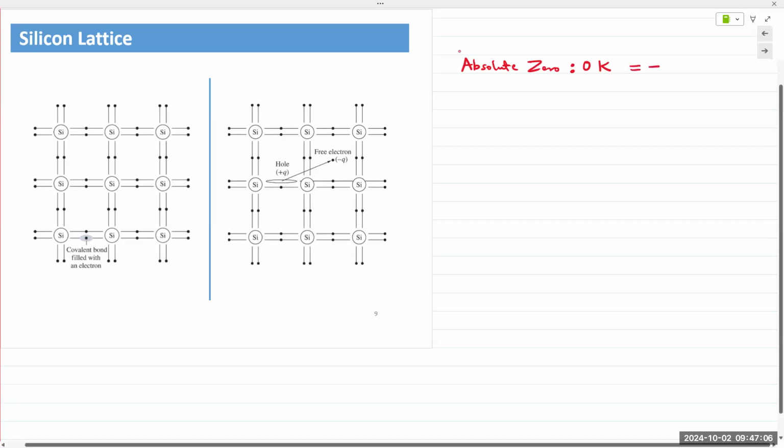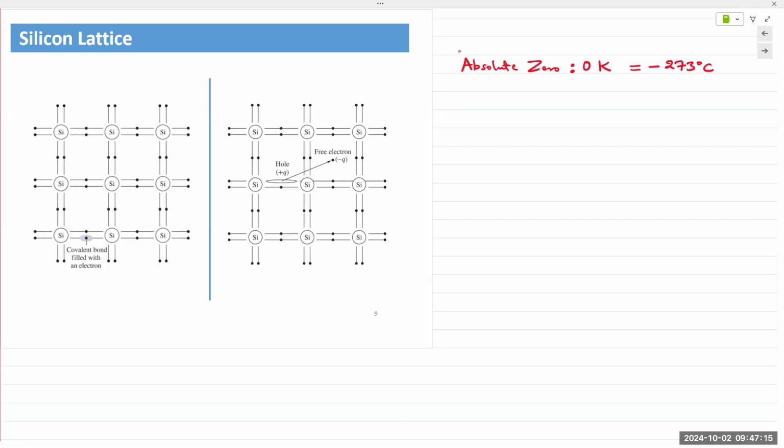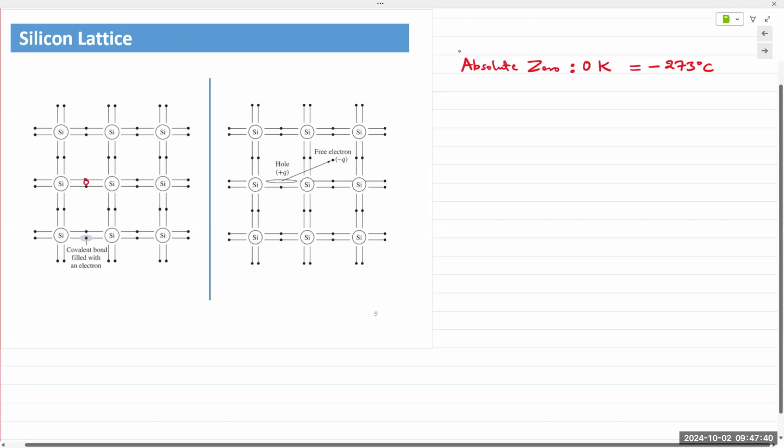It is minus 273 degrees C. It's so cold, I can't think, move, or do anything. At absolute zero, if you have a semiconductor material, let's say a silicon lattice, for example, all of the electrons are in shared covalent bonds. They are all occupying all of these states right here.